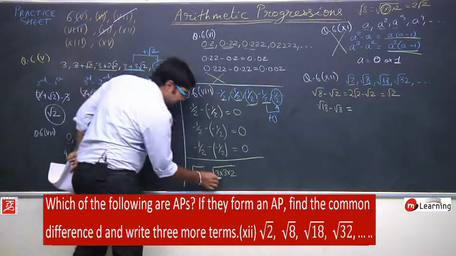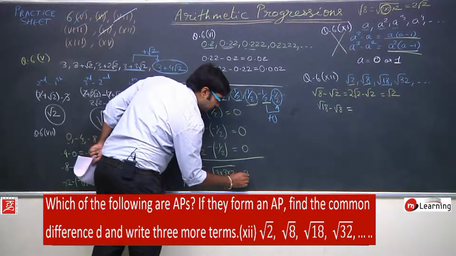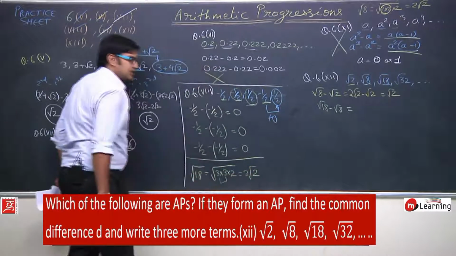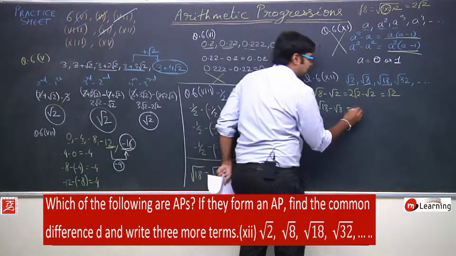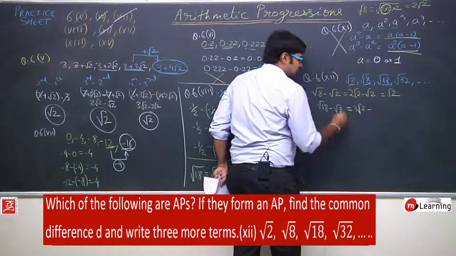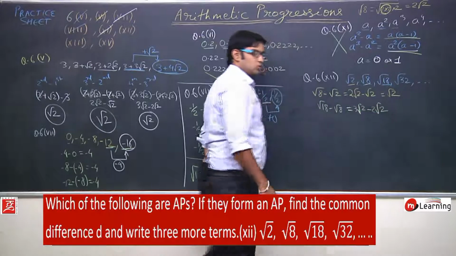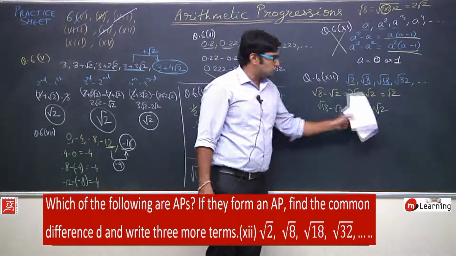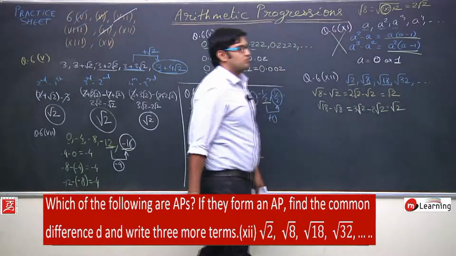So you can see this 3 and 3 will form a pair, and one 3 will come out of the root, and this will become 3 root 2. So in place of root 18 I can write 3 root 2 minus, in place of root 8 I can write 2 root 2. So 3 root 2 minus 2 root 2 will give you root 2.